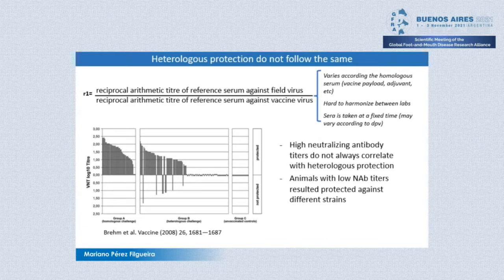They have seen that in many cases, groups with high neutralizing antibody titers do not always correlate with heterologous protection, as you can see here. But also, in some cases, animals with low neutralizing antibody titers were protected. It was like a random situation. It didn't depend on the level of neutralizing antibody.